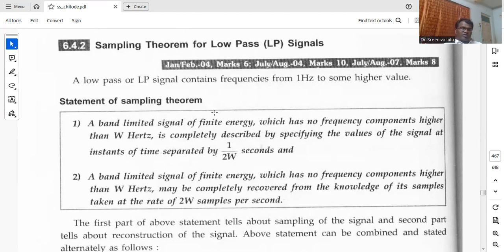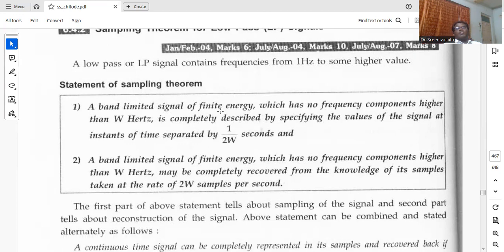So if you observe the statement: a band limited signal of finite energy, which has no frequency components higher than W Hz, may be completely recovered from its samples taken at the rate of 2W samples per second. Here, band limited signal means it is strictly band limited to the maximum frequency component present in that signal.